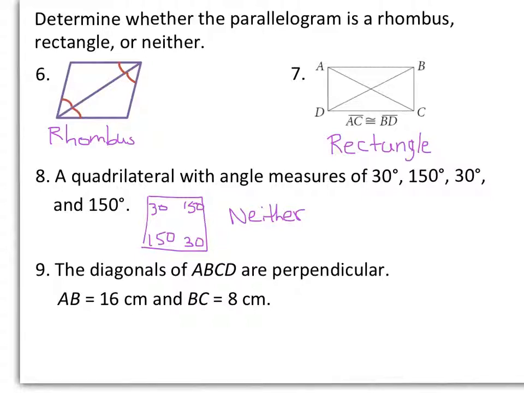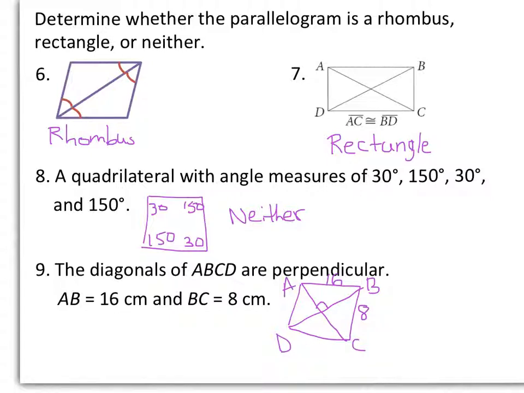And finally 9, the diagonals of ABCD are perpendicular. Okay, so we know we have 90-degree angles in the center. Let's mark A, B, C, D. AB is 16 and BC is 8.